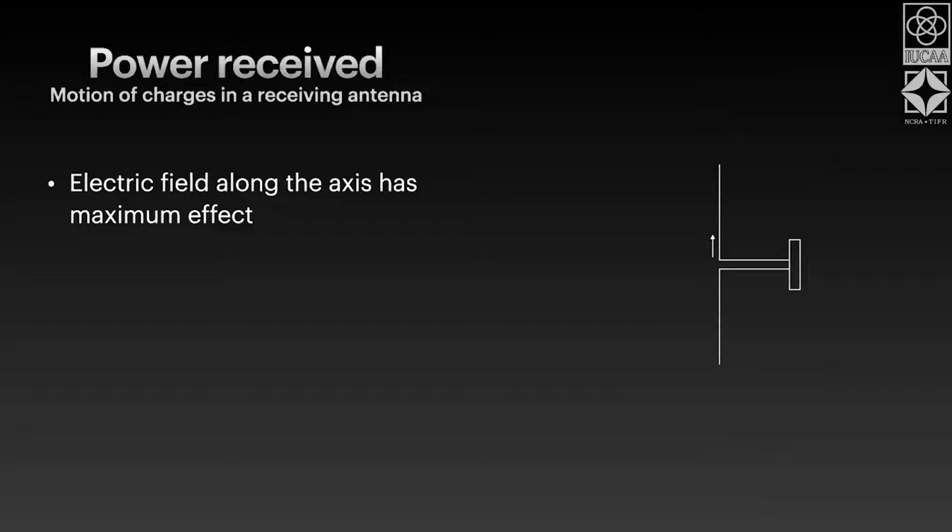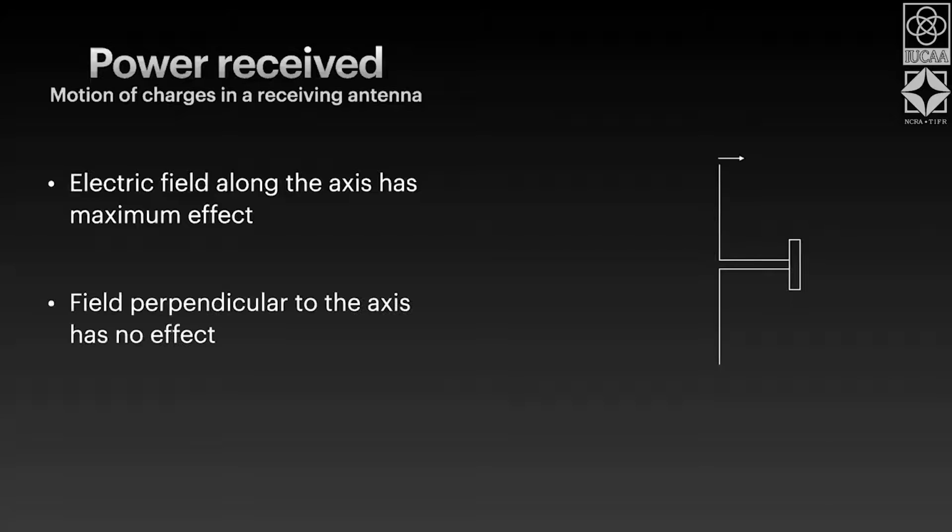Once we understand this, it's easier to relate it to a receiving antenna, where electric fields fall on the dipole element. When the electric field is parallel to the axis, it causes the charges to move and has the maximum effect.